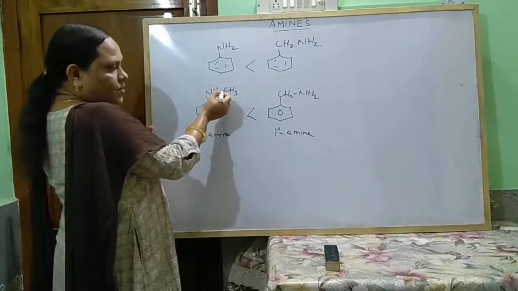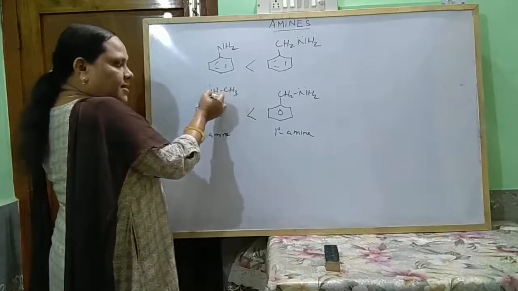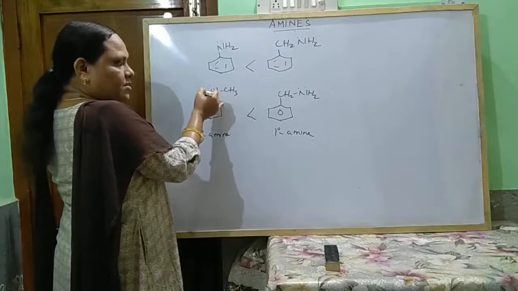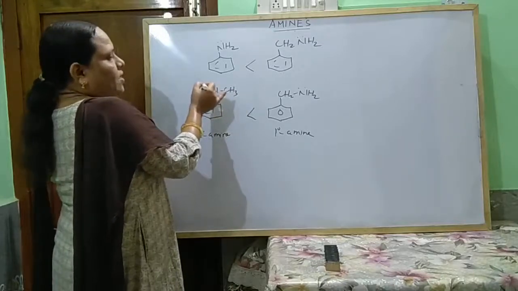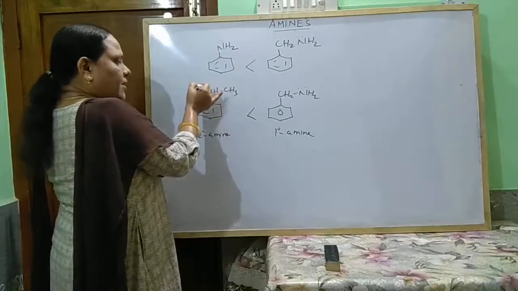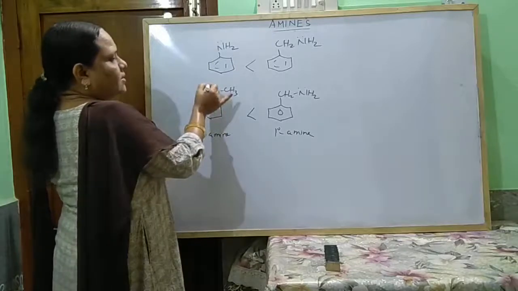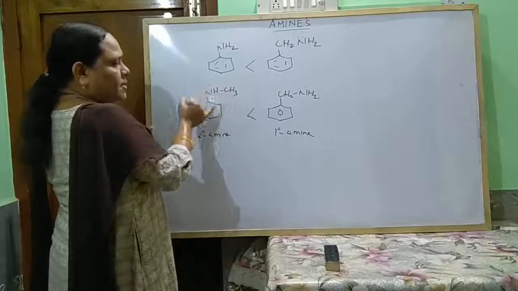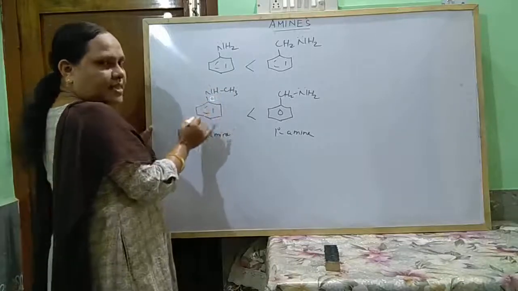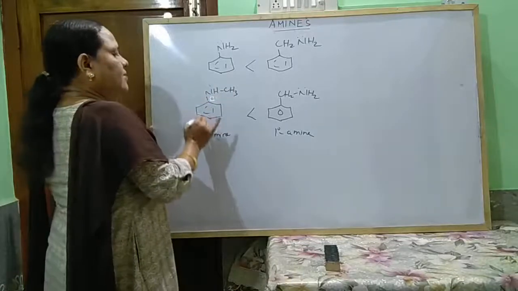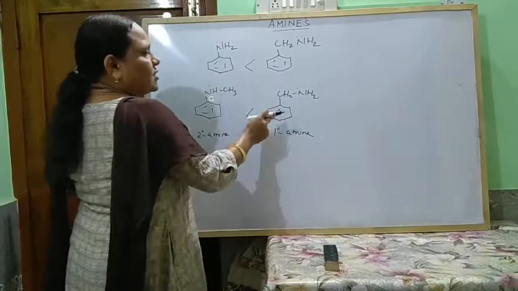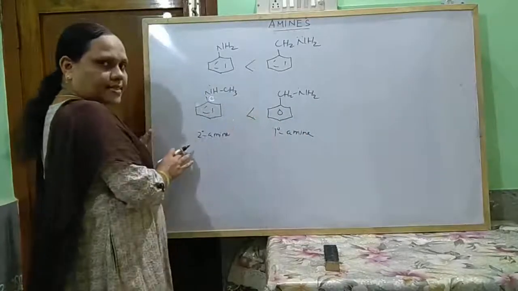Although the methyl group releases electrons towards nitrogen and increases its electron density, this electron pair again participates in resonance, so the basic strength decreases. In this way, although this is a secondary amine and this is a primary amine, this is more basic than this.